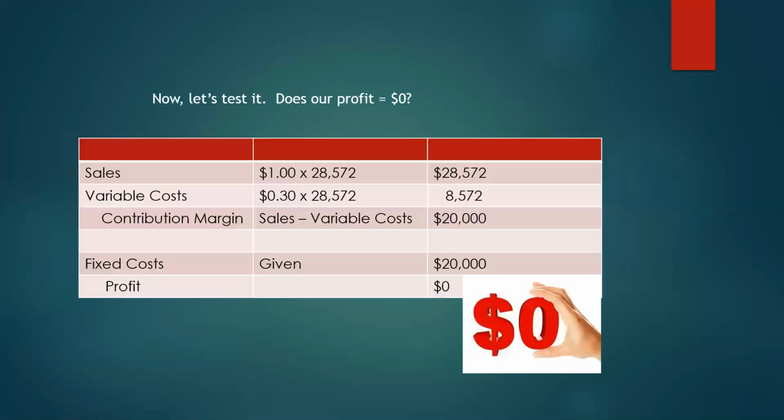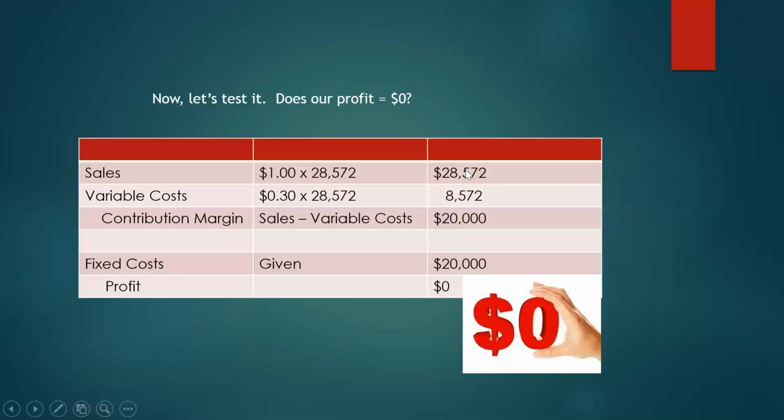So does it break even? Let's test it. Does our profit really equal 0? Sales would be $1 per unit times 28,572, and that gets you $28,572 revenue. Variable cost is 30 cents times unit sales of 28,572, and that's $8,572 variable cost.